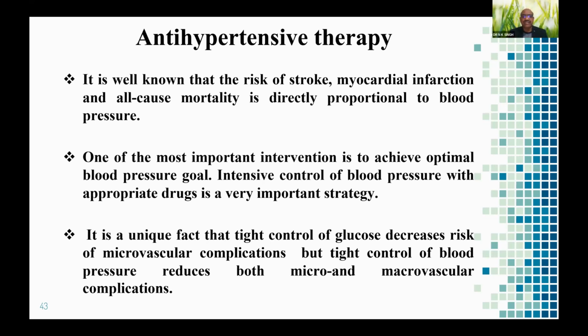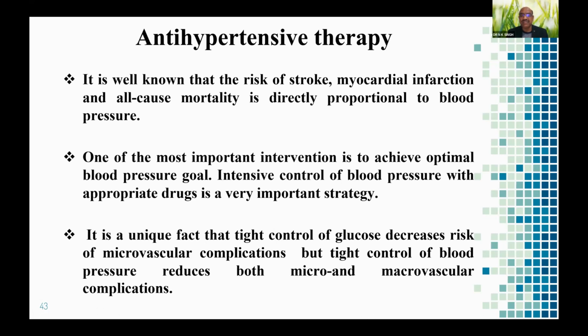It is a unique fact that tight control of glucose decreases risk of microvascular complications. Remember, if I ask you which one is more important, a high blood pressure or high blood sugar, this fact is very unique, that if you only give a tight control of glucose, this will decrease risk of microvascular complications.